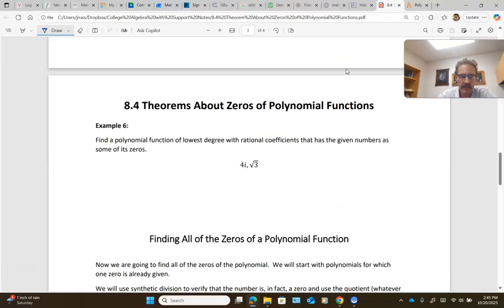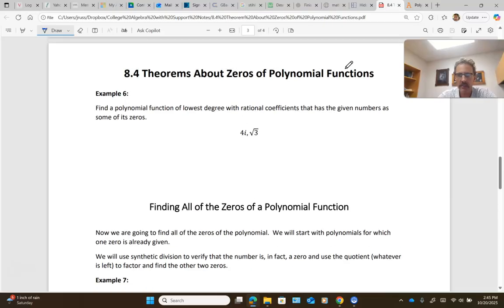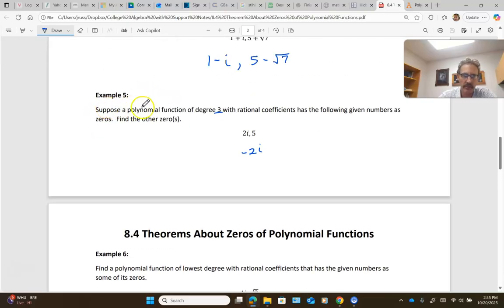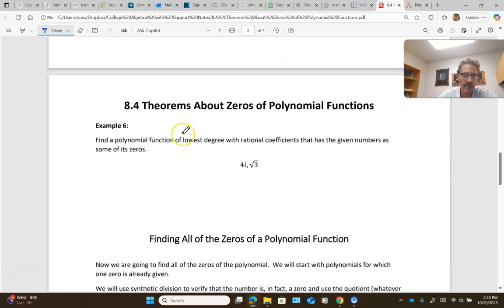And then example 6. Find the polynomial function of lowest degree. Notice the previous one said suppose that we have a polynomial function, find the other zeros, and we can do that by looking at the nature of the zeros. This one goes back to those first 3 examples, where it says find a polynomial of lowest degree with rational coefficients that has the given numbers as some of its zeros.